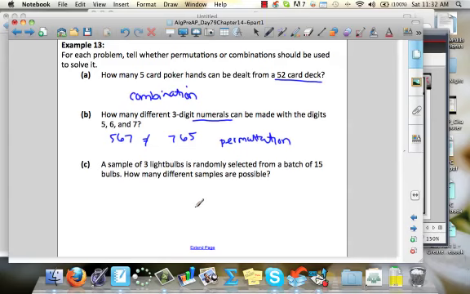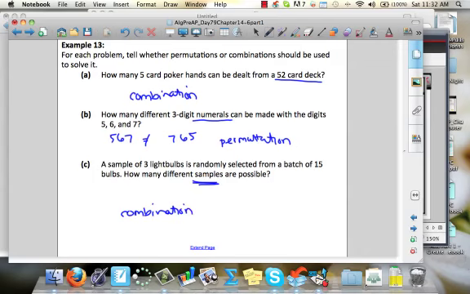And letter C, a sample of 3 light bulbs is randomly selected from a batch of 15 bulbs. How many different samples are possible? Well, if you noticed, it's talking about a sample, and we really don't care what order we pick the light bulbs in. We're just picking random light bulbs. So this is a combination.